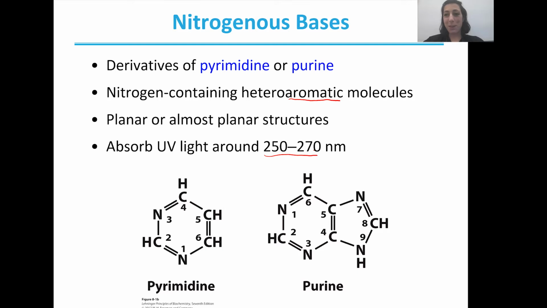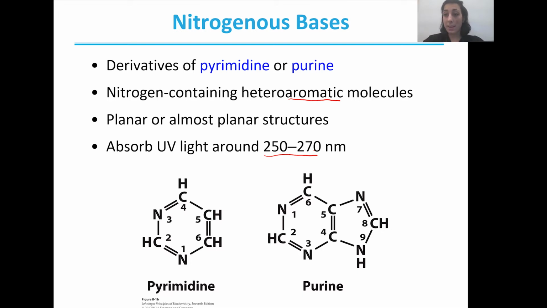Why is this important? This is important because it lets us track DNA in a sample. I have brought up absorbance numerous times. This is when talking about proteins and now also talking about DNA. And the reason we talk about where things absorb UV light is because when we as scientists are measuring how much DNA is in a sample or how much protein is in the sample, we need something to be able to measure.